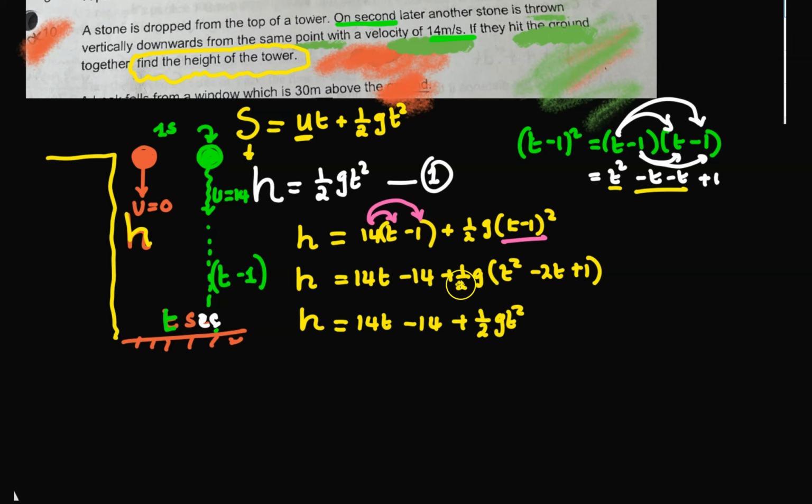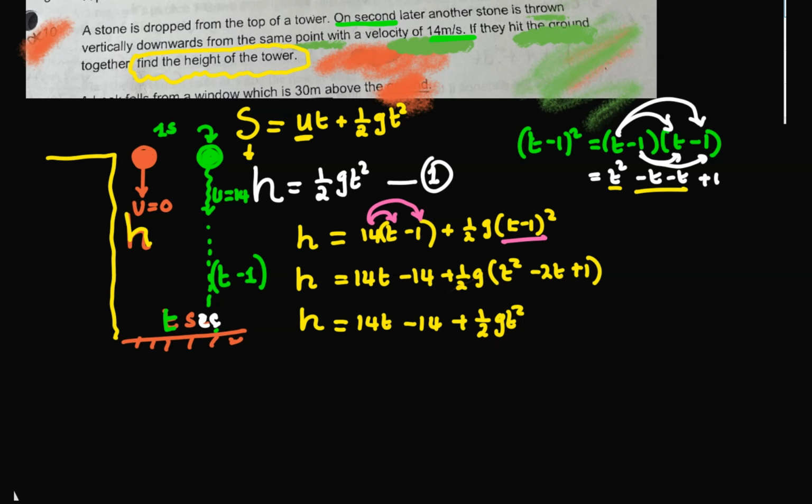The 2 that we have here is going to cancel with this 2 when I open the bracket.